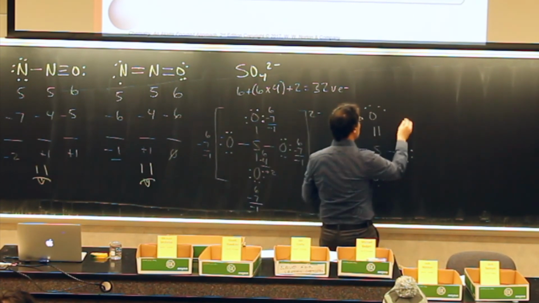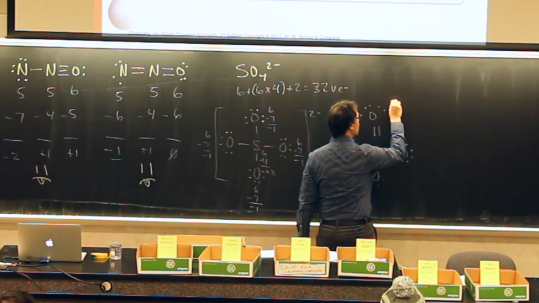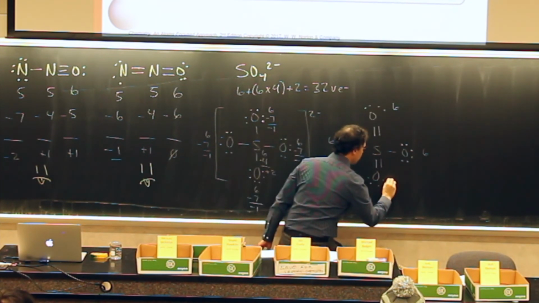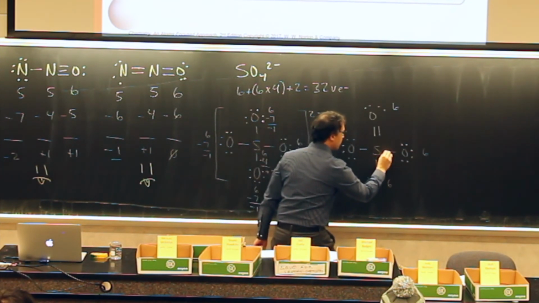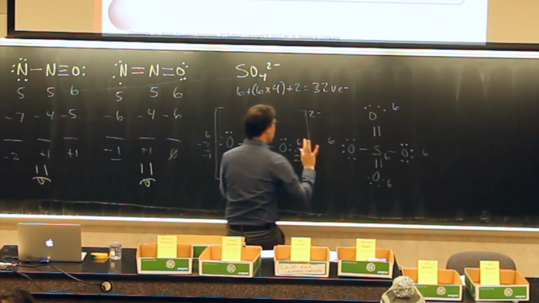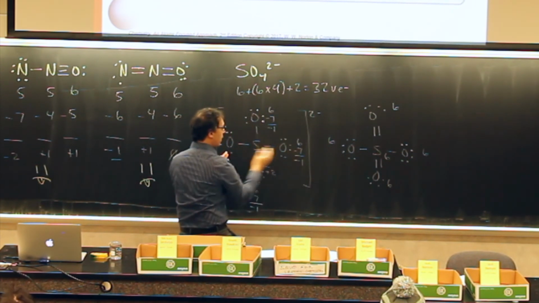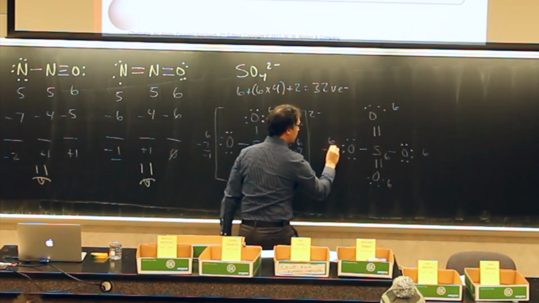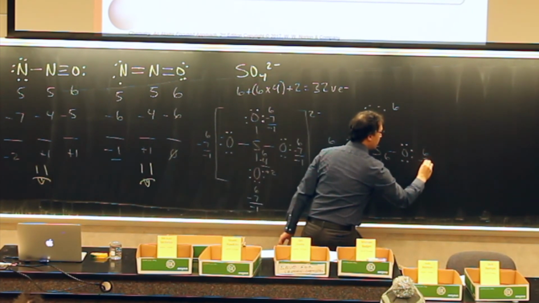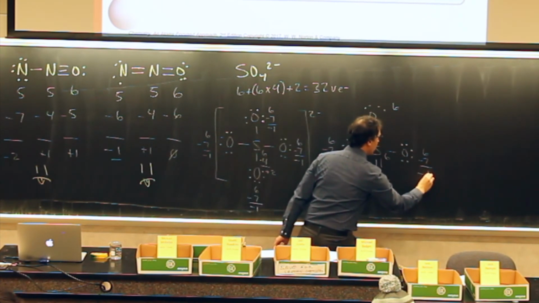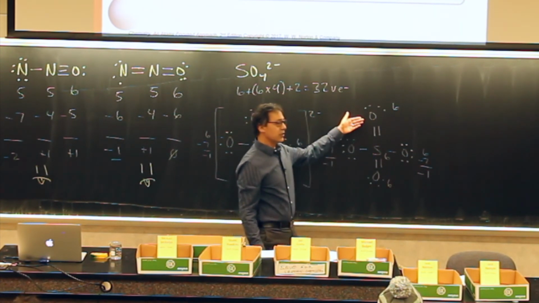So oxygen, we know that oxygen has 6 valence electrons. Sulfur has 6. And then our associated electrons, these ones here are just like we have here. So I'm going to go 6 minus 7, which gives me a minus 1 and a minus 1. Now, how about this one here?